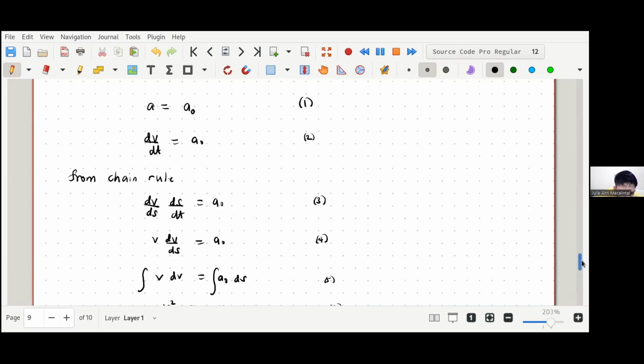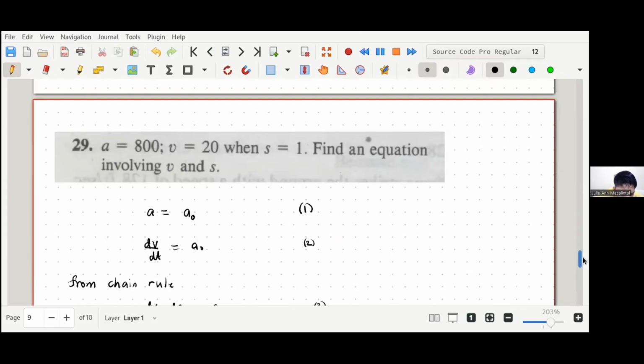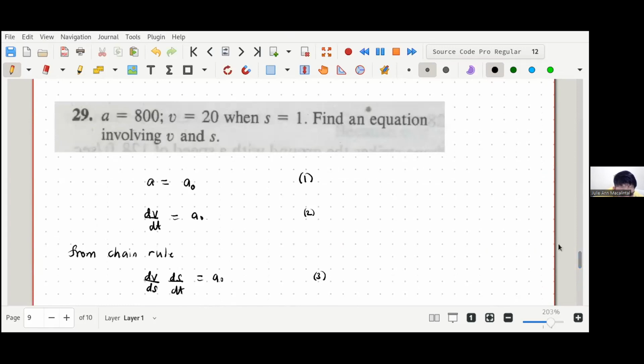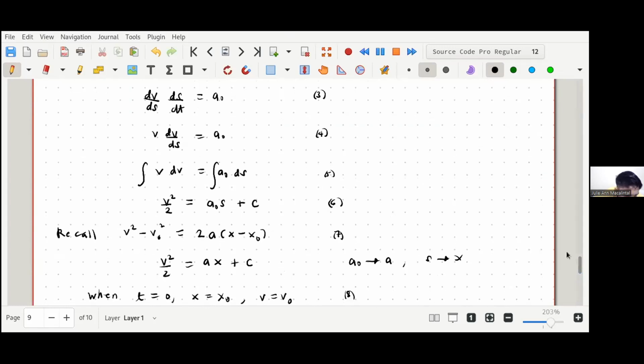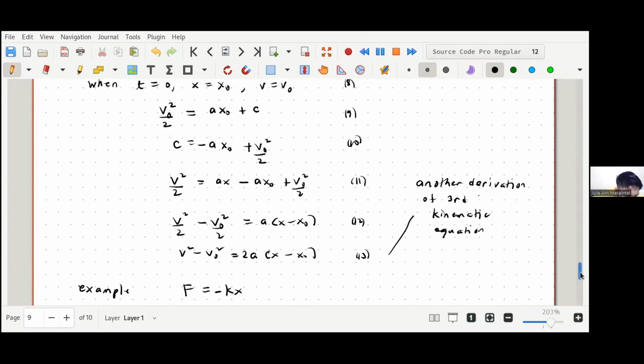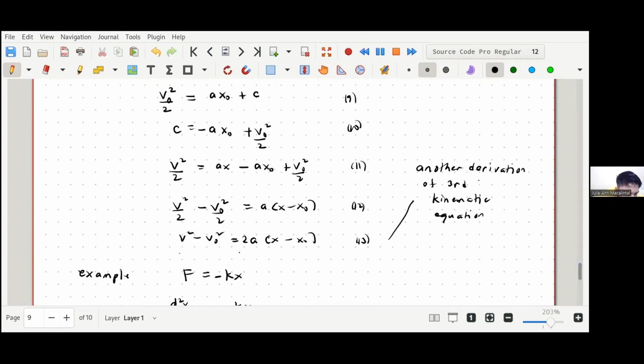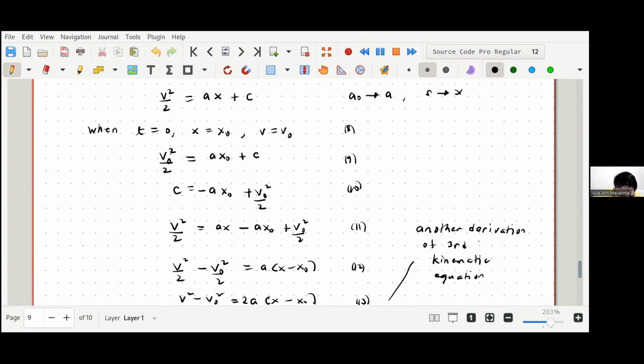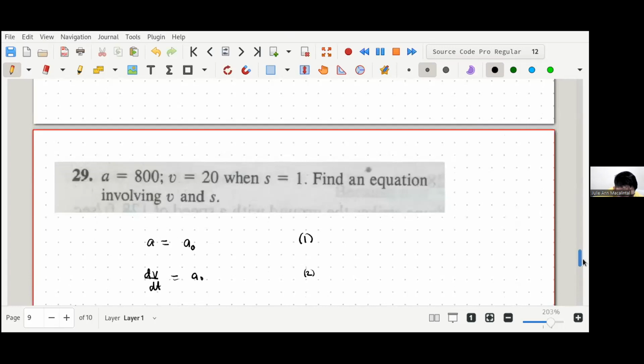Pero okay, ngayon, so ang suggested method dito, gamitin natin yung integrate and then, so ito na yung initial conditions. Actually, pwede natin gawin na we start with this. So pag na-integrate na natin, ito na we have this, di ba? And then gamitin natin ngayon yung values.